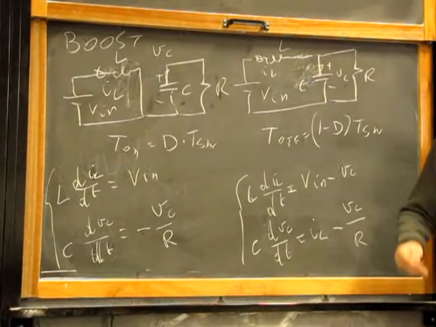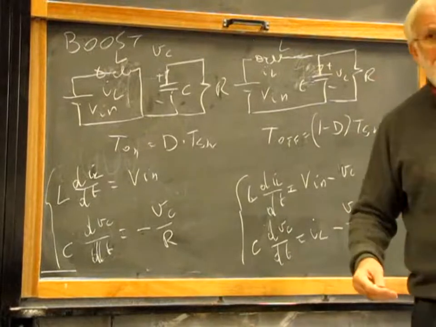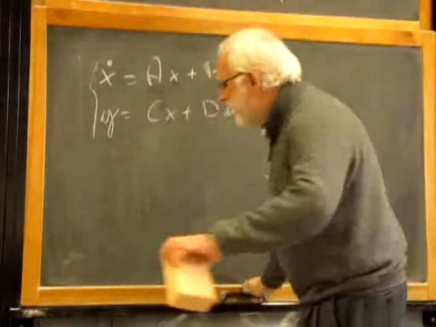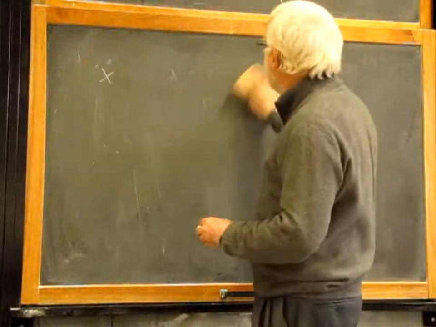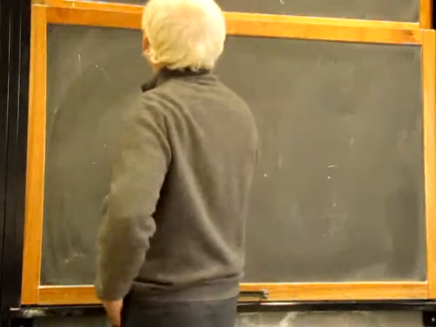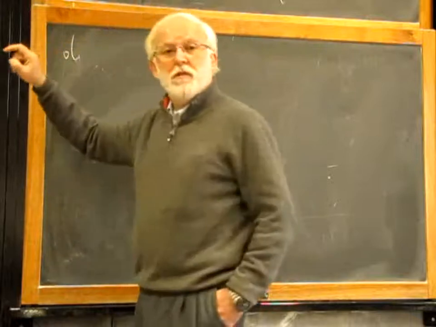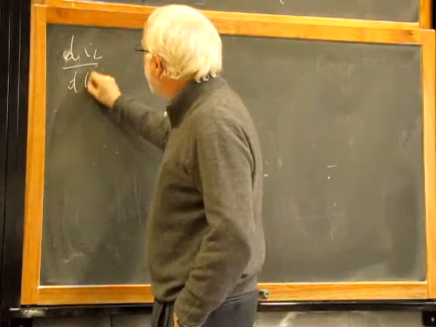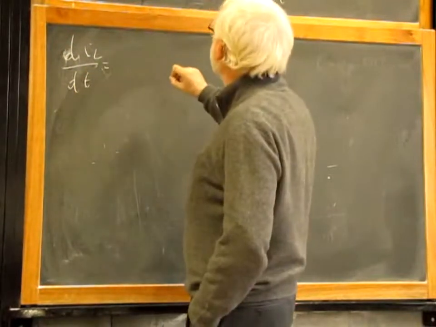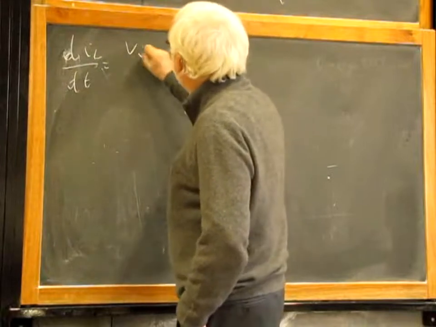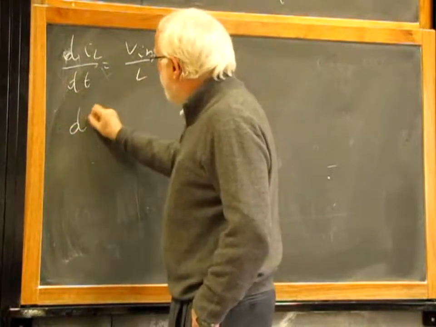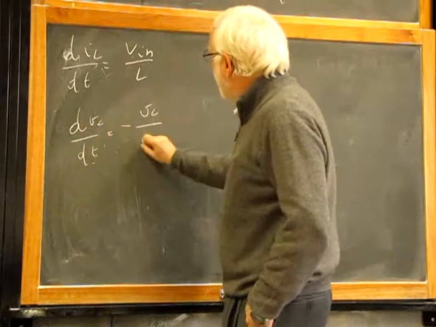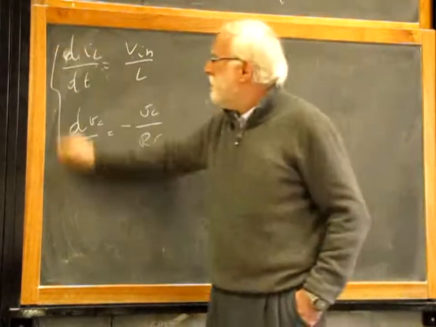Okay, well. Now it's just simple, stupid, boring algebra for a while. And the algebra tells me that, because I want to go to the standard matrix formulation, dIL/dt equals Vin over L, dVc/dt equals negative Vc over RC, and those are the first two equations.